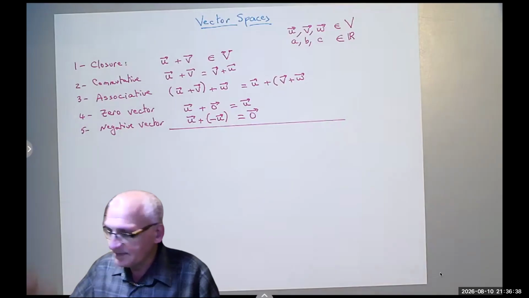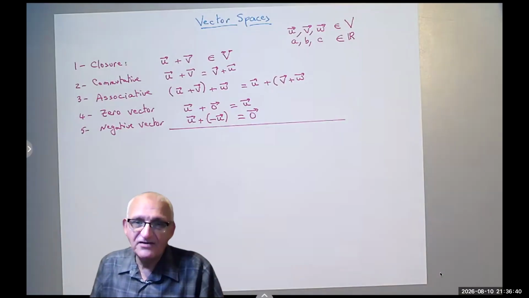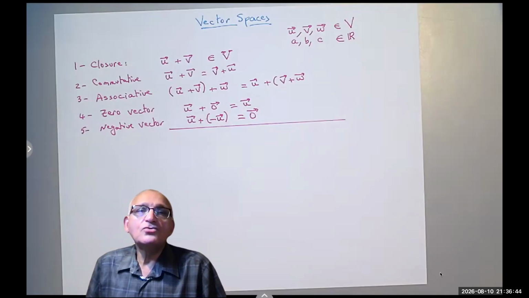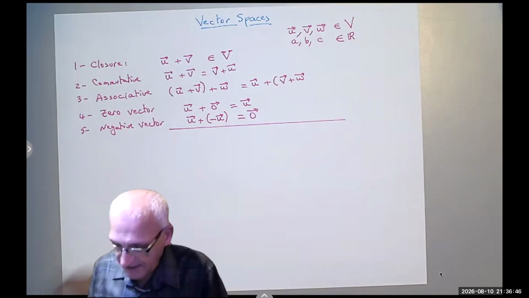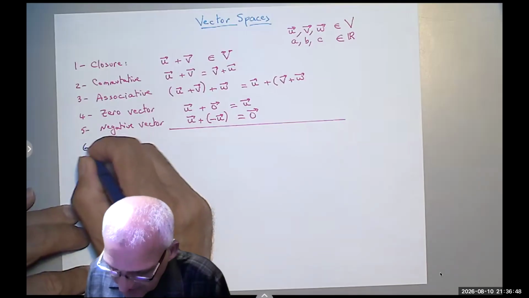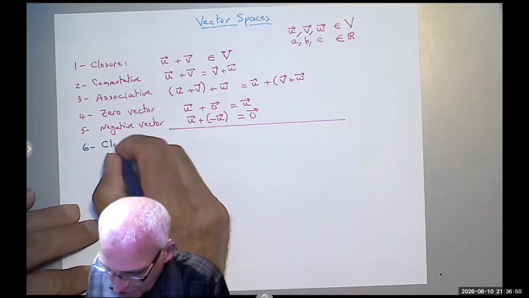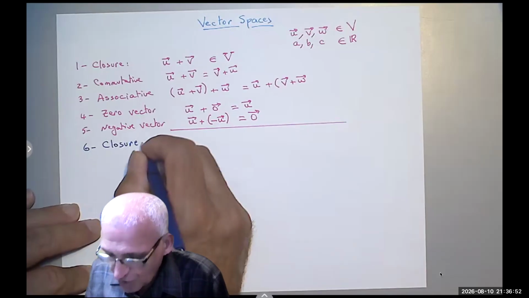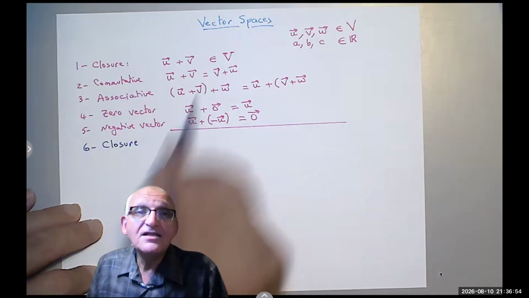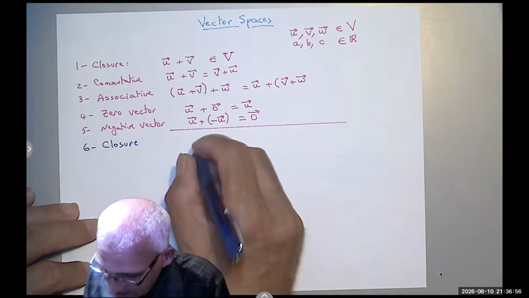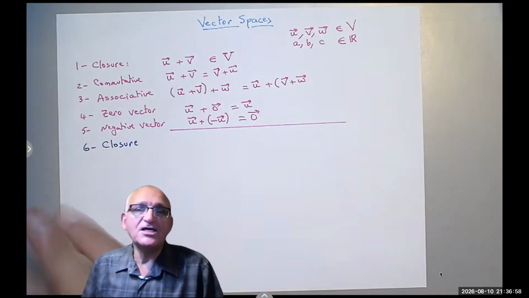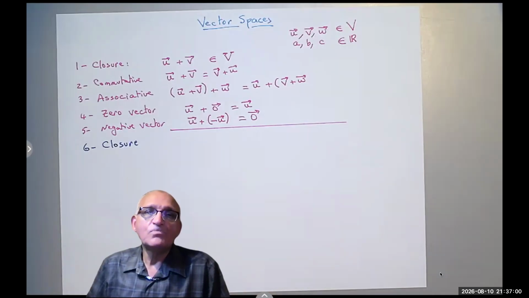Then we move to multiplication, and we have 5 more. Okay? So what in multiplication? If I say number 6, there is also closure. But the previous one was closure under addition. This one is closure under scalar multiplication. Okay?